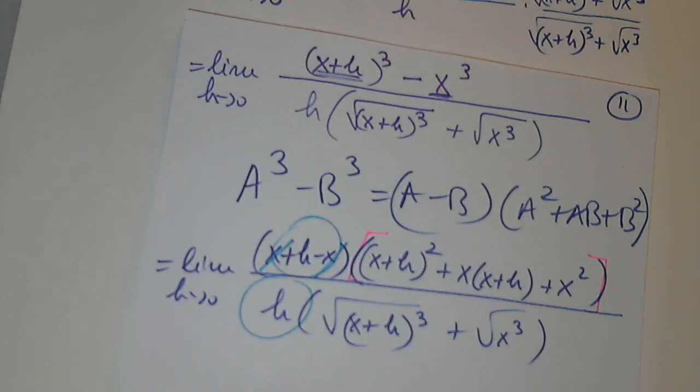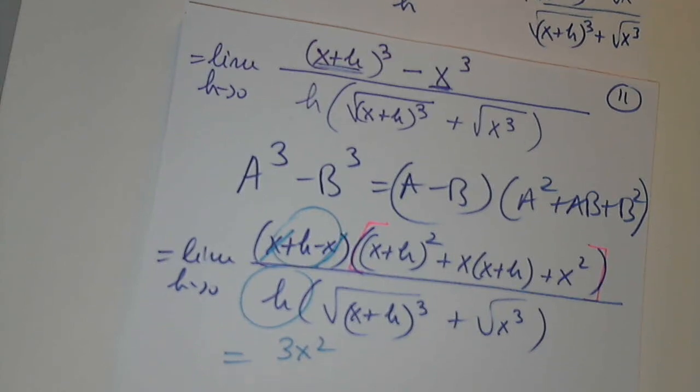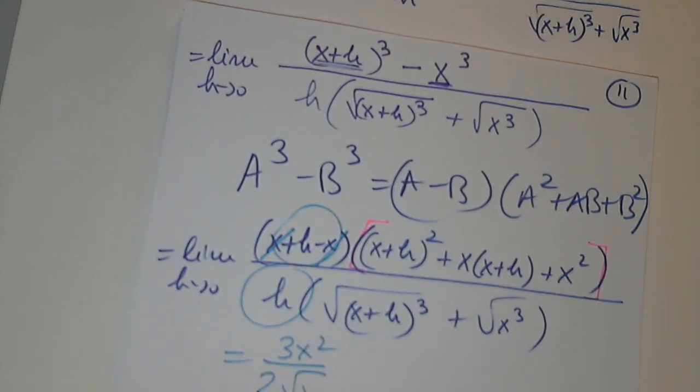How much is x squared plus x squared plus x squared? 3x squared. And now about the denominator. Where does this go when h approaches 0? The square root of x cubed, plus the square root of x cubed. An apple plus an apple is 2 apples. And this is it.